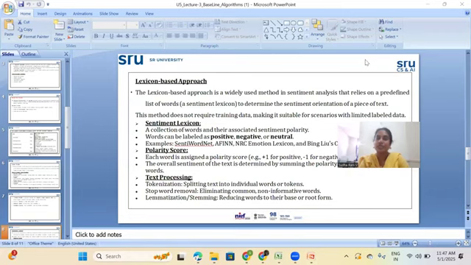It relies on the predefined list of words that your data sets have, and those predefined words are generated when you are searching in your search engines.